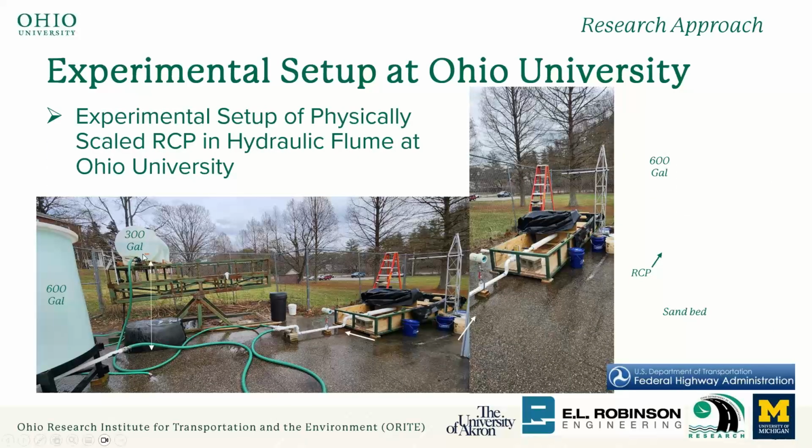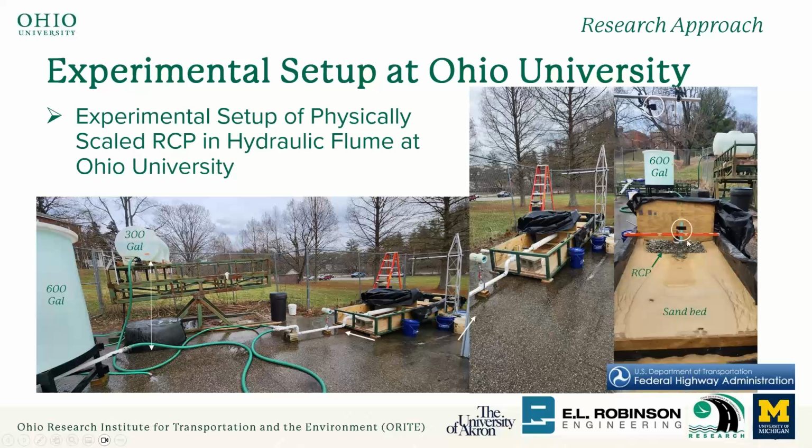We have two big tanks, a pipe, and we have a flow meter here. This is the culvert material, with the pipe outlet here, and we have a flow meter to measure the flow rates.